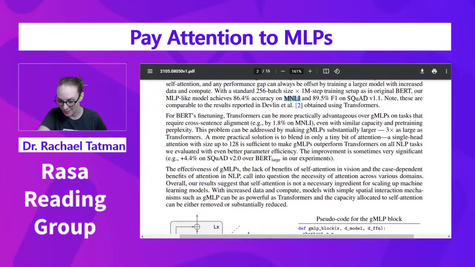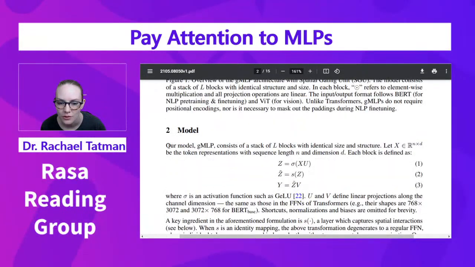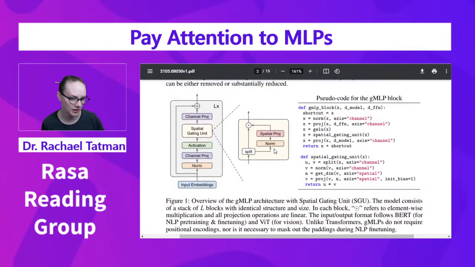Amina says, what is MLP and gMLP? Good question. So MLP are multilayer perceptrons. Also, they never define it in this paper. Let me pull up a diagram. You'll recognize it.